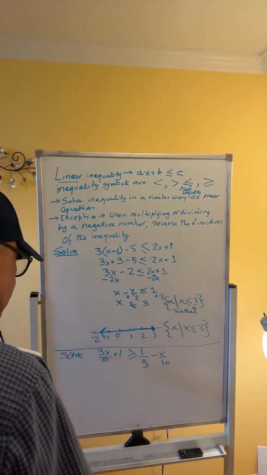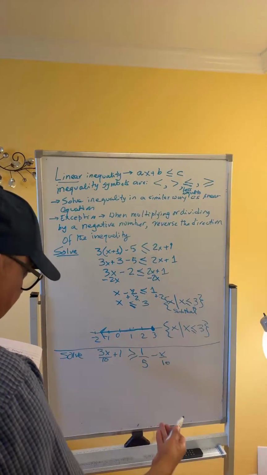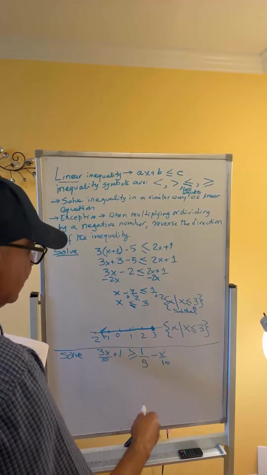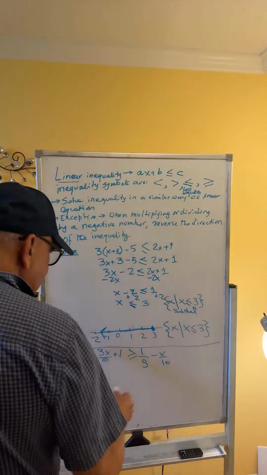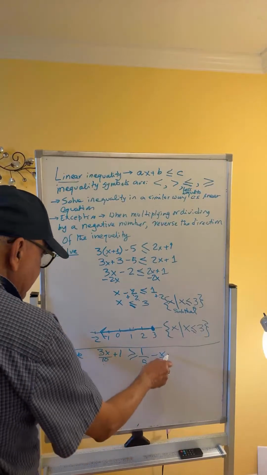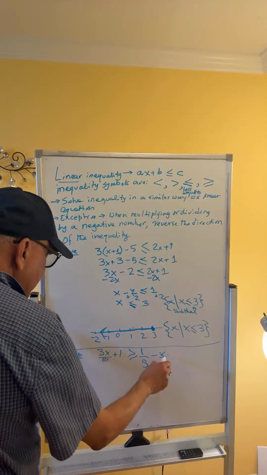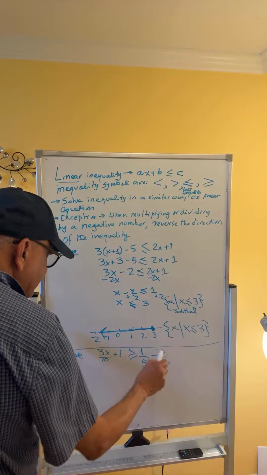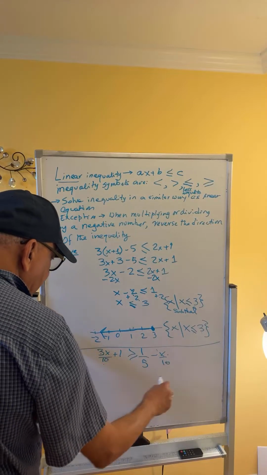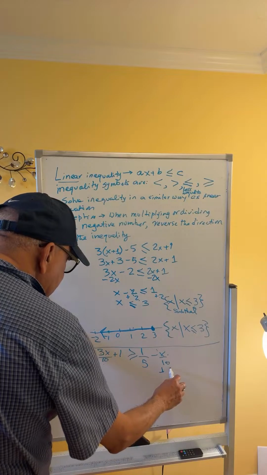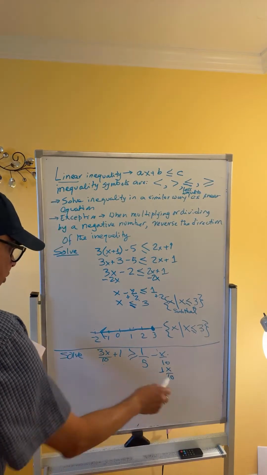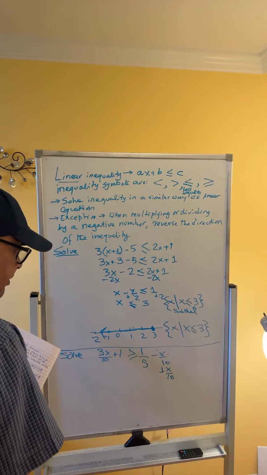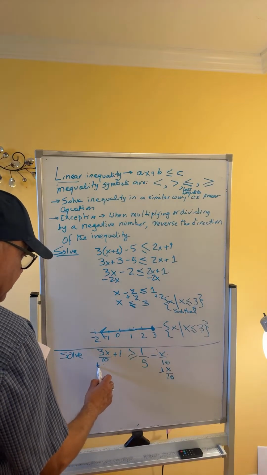So again, the rule is to keep the unknown variable x on one side and the constant terms on the other side. We notice 3x by 10, the coefficient 3 is greater than the coefficient of x by 10. So we will add the smaller term containing the unknown variable on both sides.